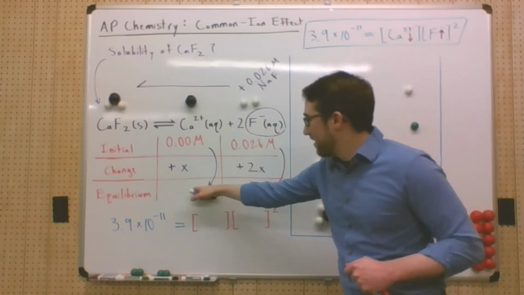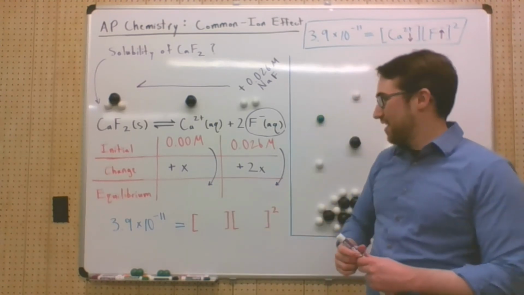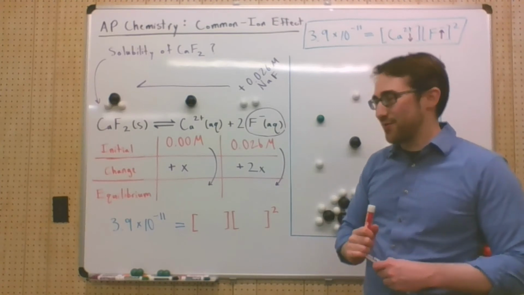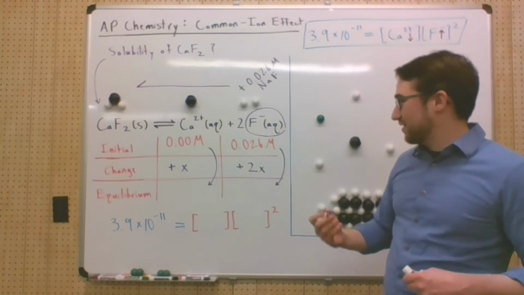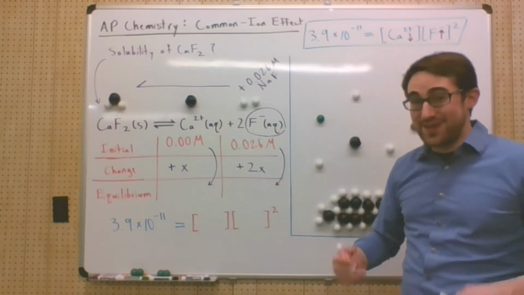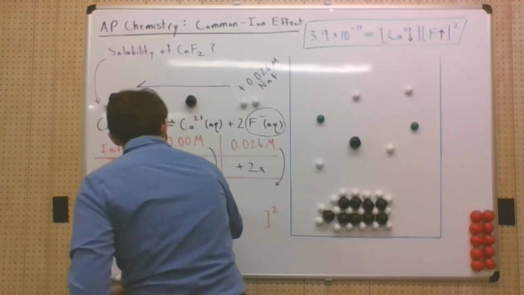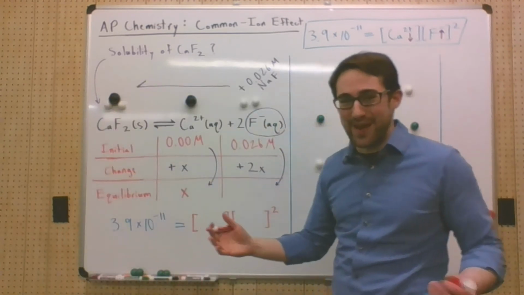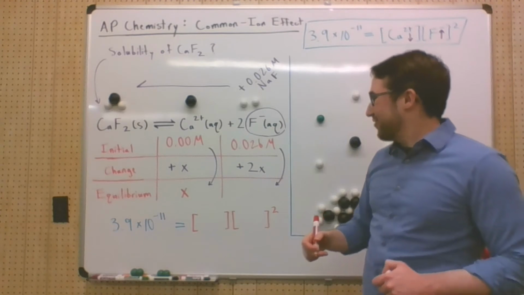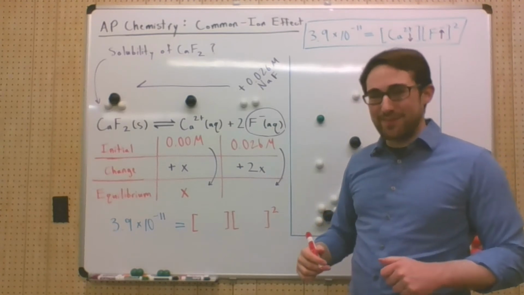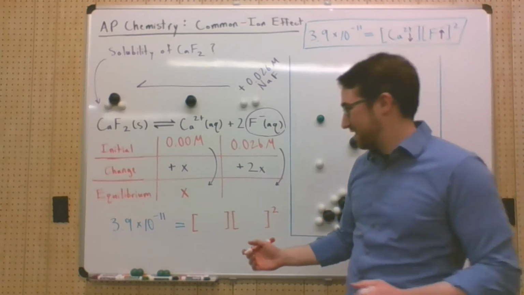Okay. Now, I can make an expression of how concentrated these will be at equilibrium based on the changes in x here. So 0 plus x is just going to be x. Okay, that's not too bad. Okay, and then, well, 0.026 plus 2x is just going to be 0.026 plus 2x.